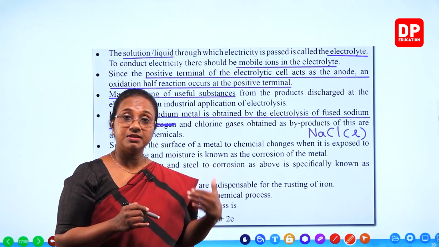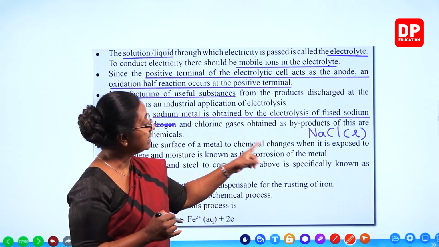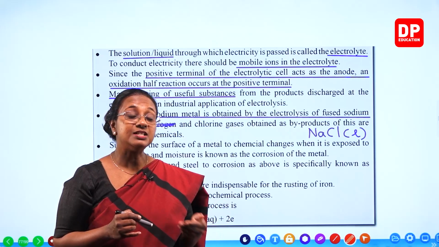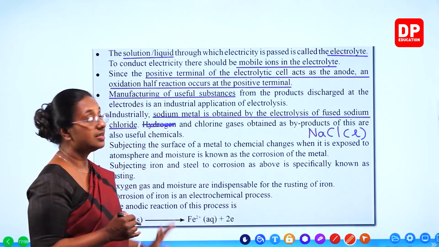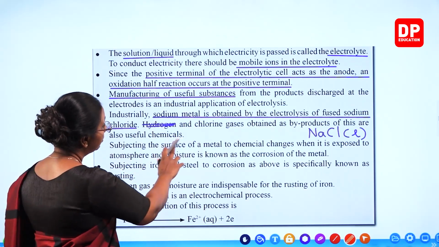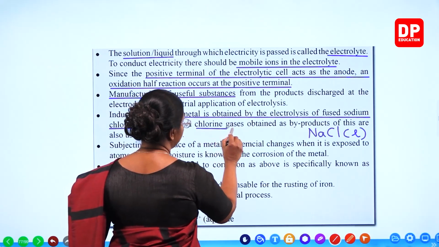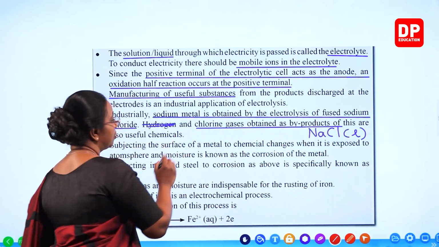Na+ is reduced at the cathode, that is what we get as sodium liquid, and Cl- ions get oxidized, and that is why we get chlorine gas. There is no hydrogen gas produced. So chlorine gas, that is obtained as byproduct. That I told you.